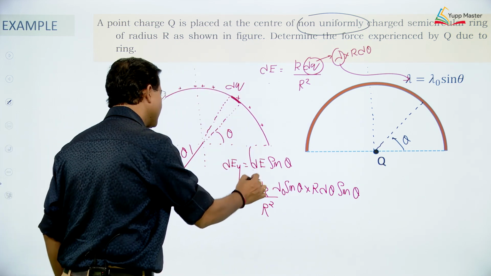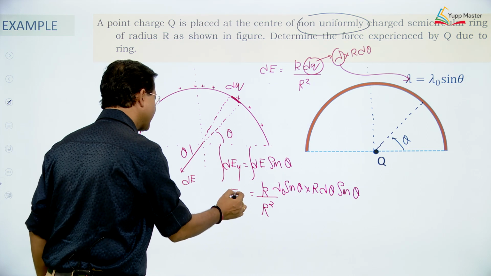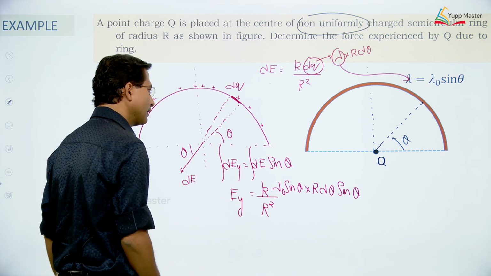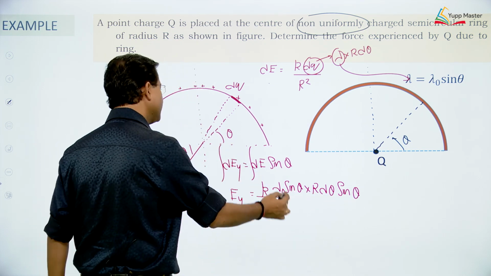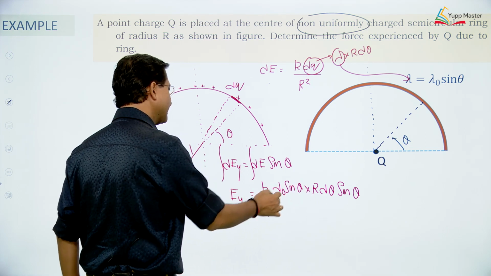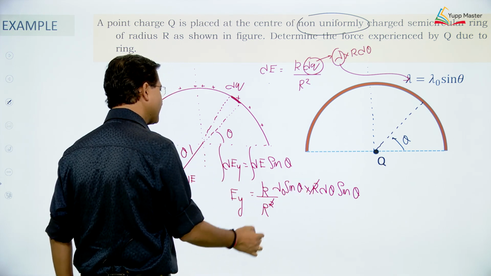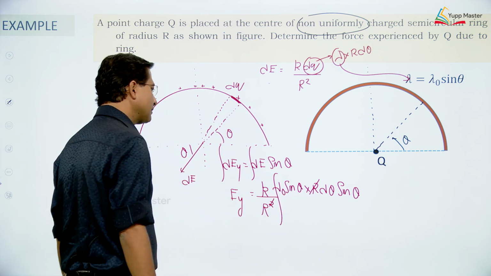If I integrate this one, then I will get the y component. All these are constant, this r I can take out, and this r and one r will get cancelled out, and this I need to integrate.